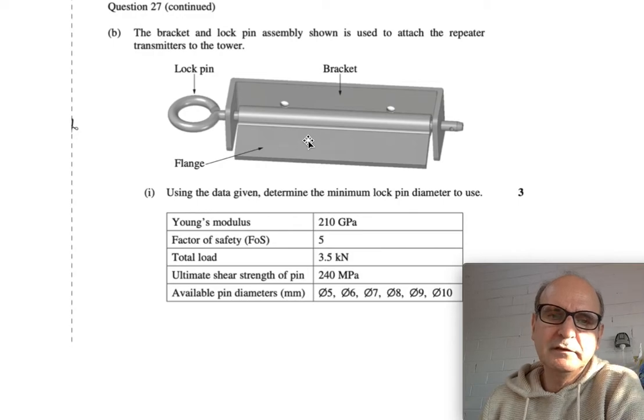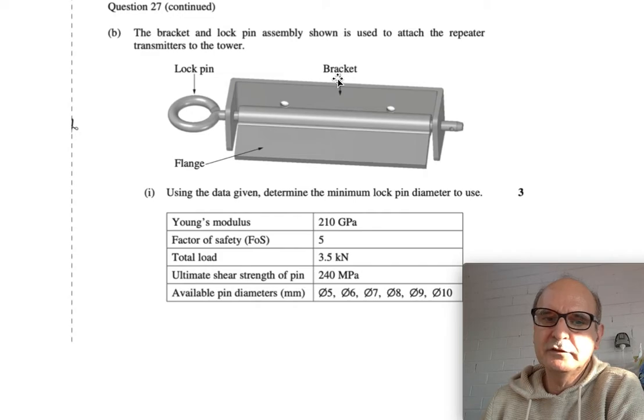Basically what will happen, the load will go through this pin, and this side and this side will be subjected to a tension. So you have a tension on this side and a tension on this side, and that pin will be subjected to shearing tension.